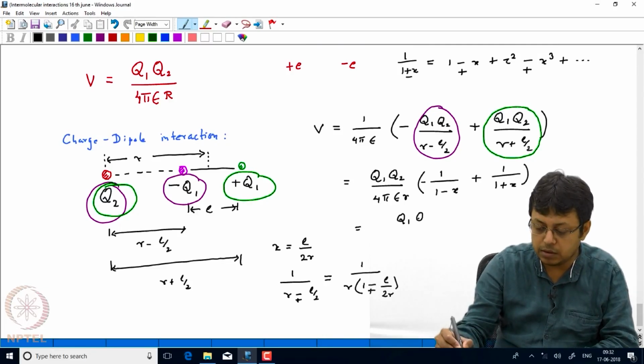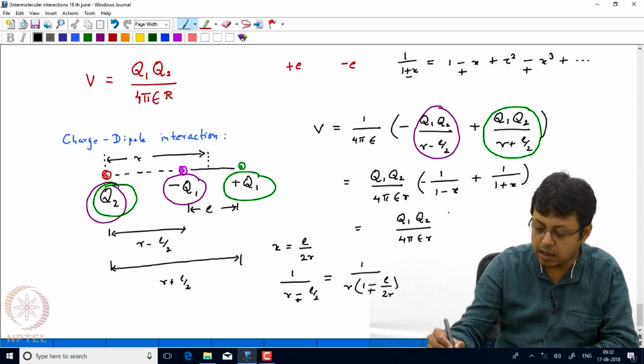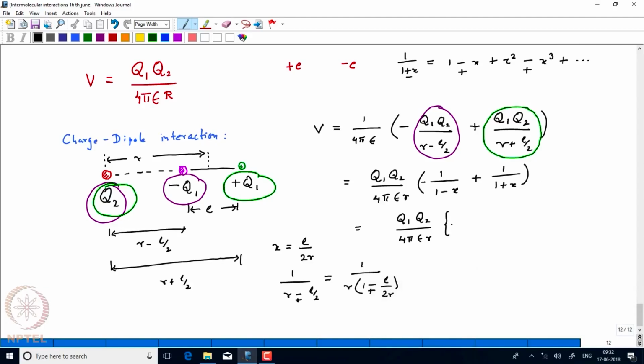I'll have Q1 Q2 by 4 pi epsilon r times, let us look carefully, I'll have a minus sign here, and the first term is 1 by 1 minus x, so I'll have 1 plus x plus x square plus x cube, that way it's a series.